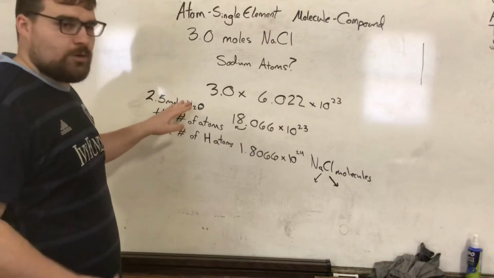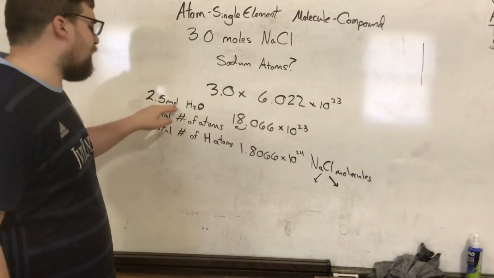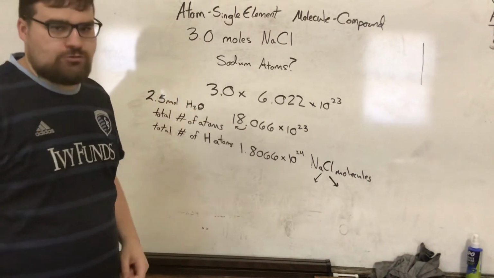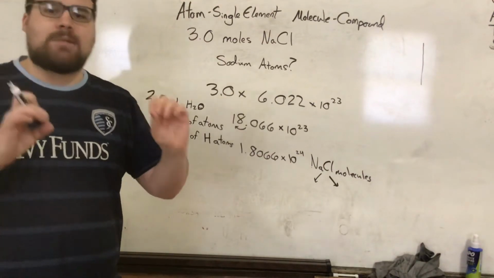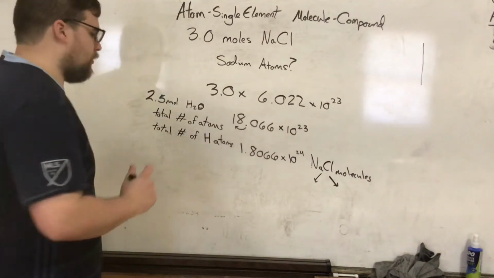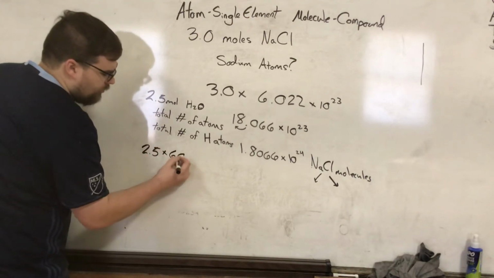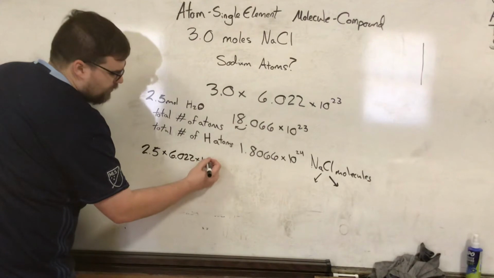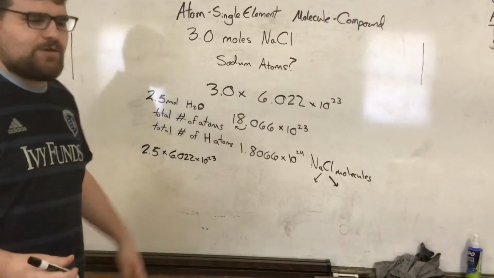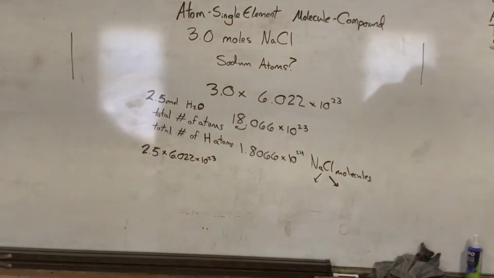What we want to first work out is if there's 2.5 moles of water, of H2O, then how many total molecules is that? Well, 2.5 times 6.022 times 10 to the 23rd. 2.5 times that number, I'll have to figure out what that is.